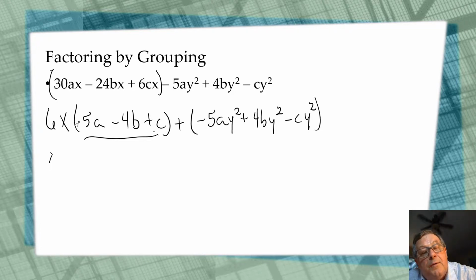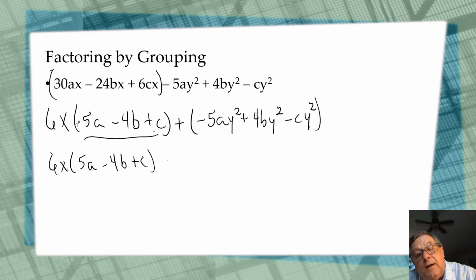So let's see, I'm going to go ahead and rewrite this. Then if we factor out a negative y squared, well, let's see, negative y squared, take negative 5ay squared, divide it by negative y squared. It's going to leave me with positive 5a.